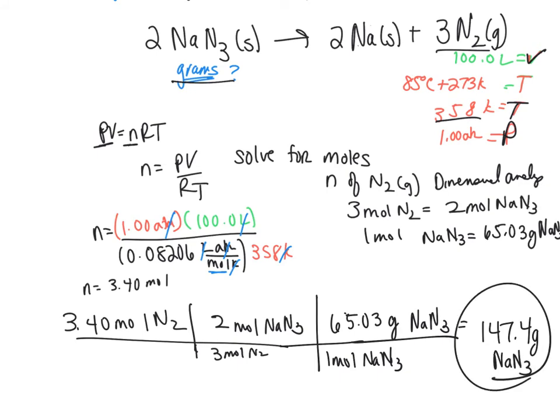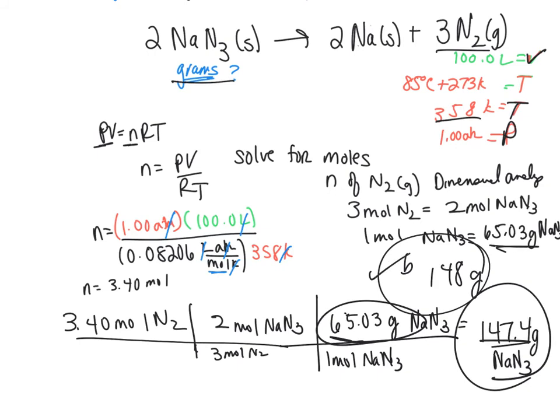Well, you might have gotten a rounding, I might have gotten a rounding error. So the answer is 148 grams. It's probably in my molar mass there, in my rounding. So the answer is B, but that's how you do it.